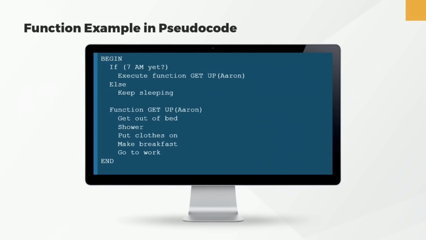But the idea is that these tasks are always executed consistently based on the evaluation of the condition and applied to the parameter specified, which again in this case is me. So if, for example, I had a roommate who didn't get up until 7:30, the function knows not to operate on the roommate because I passed in the parameter value of Aaron.